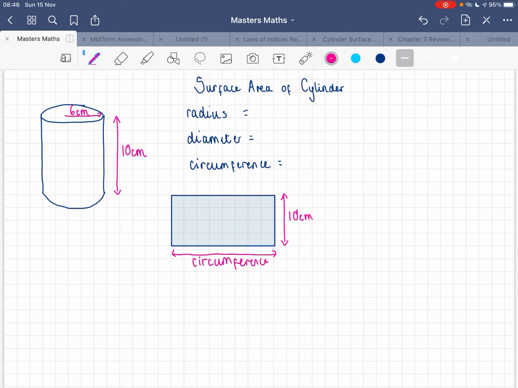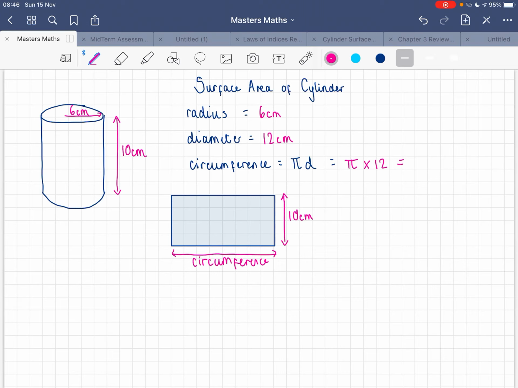Okay, so the radius is what we've been given, 6 centimeters, which means the diameter is double that. The diameter is all the way across, so the diameter is 12 centimeters. Circumference we calculate by doing pi times the diameter. So in this case we are doing pi multiplied by 12, which gives us, I'll just quickly do it on my calculator.